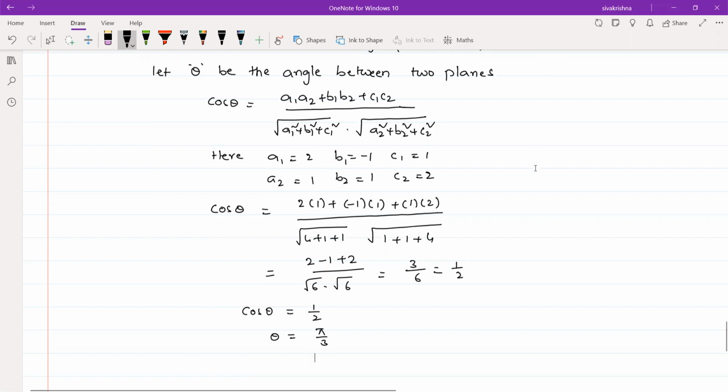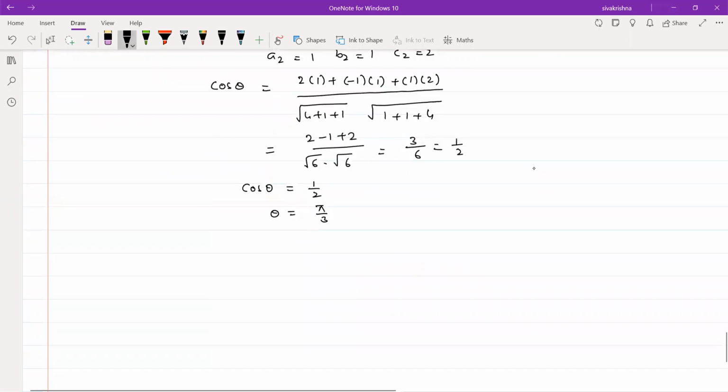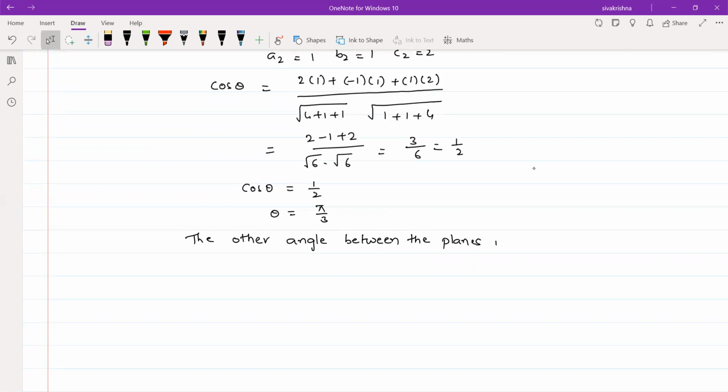And if you want to find the other angle between the planes, it is given by 180 minus theta, where theta is pi by 3.